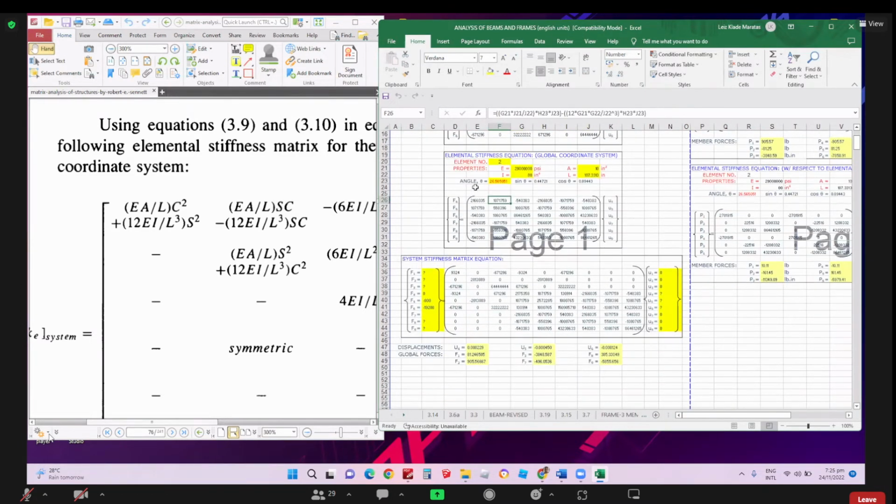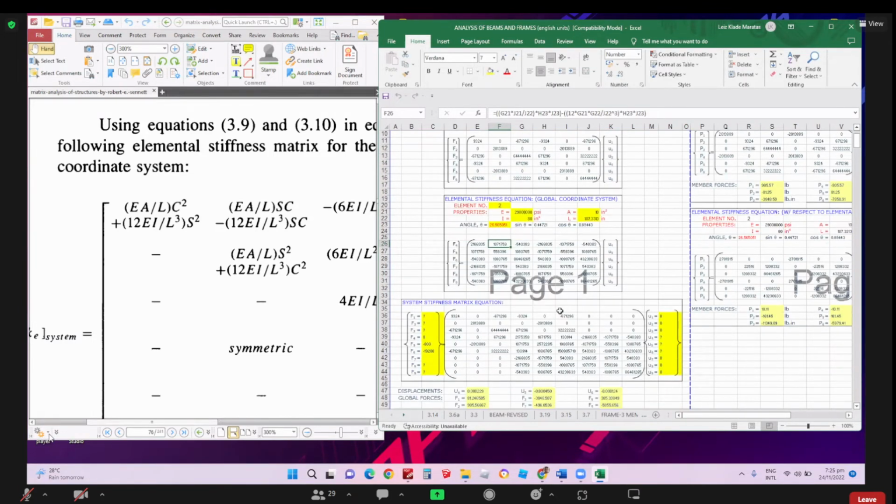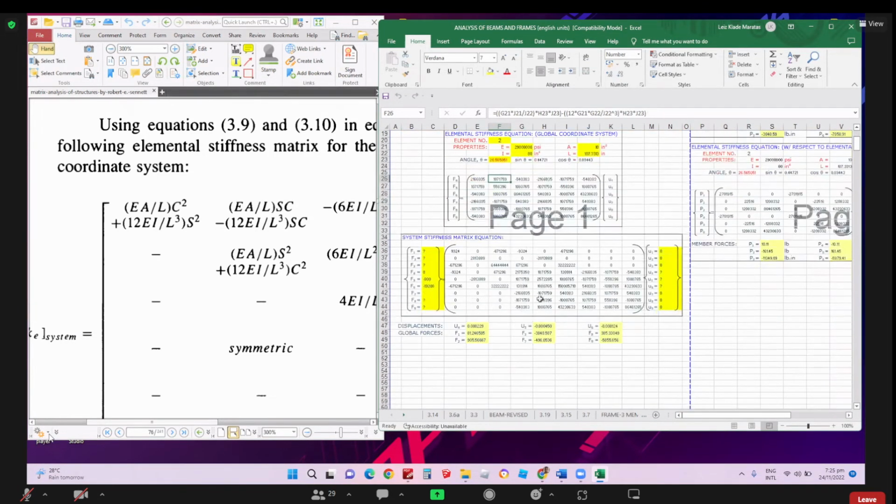After that, you have to combine. This is not the same problem, it's just an example. So, you combine, and after that you apply the boundary conditions, meaning you eliminate the rows and columns that correspond to zero displacements.